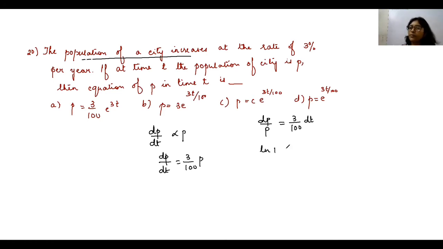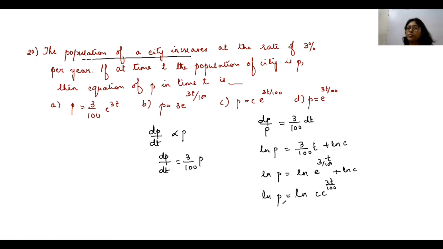This is log p and this is 3 upon 100 t, plus we will write log c. In order to simplify this, we'll write log e raised to, because our option has e raised to terms, that's why, plus log c. So log p is equal to log c e raised to 3t upon 100. Removing log from both sides, we'll have p is equal to c e raised to 3t upon 100.